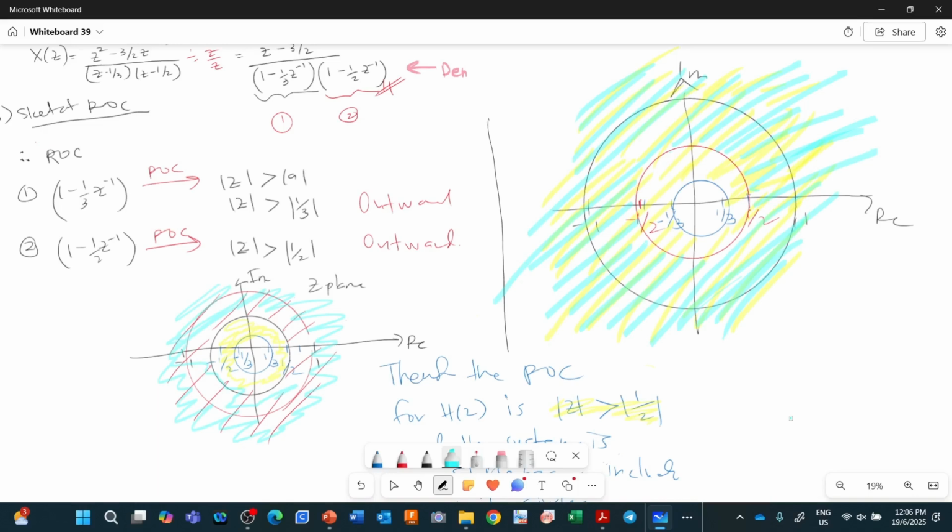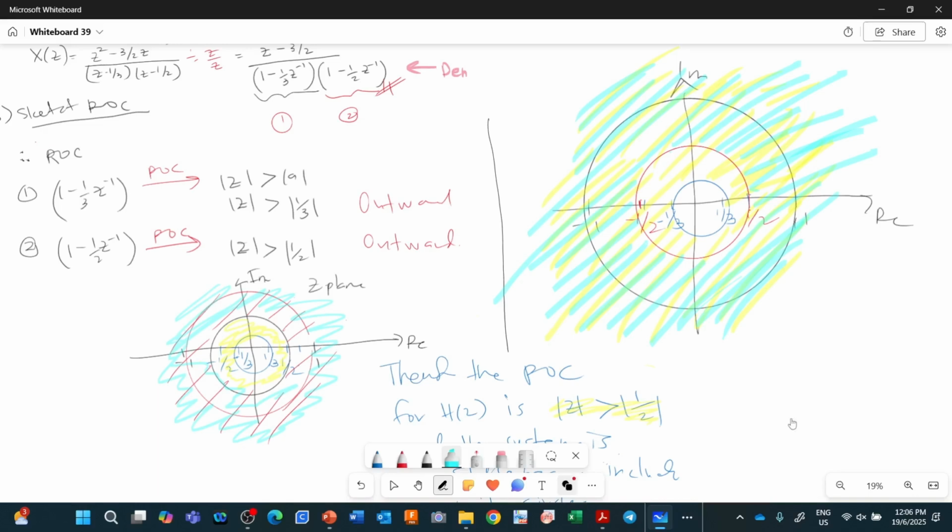At Z 1/3 or Z 1/2? Both sketchings, the one that I sketched in blue and yellow. Which one has both? 1/2, right? 1/3 only has yellow there. So you need to take the one that has both overlapping.